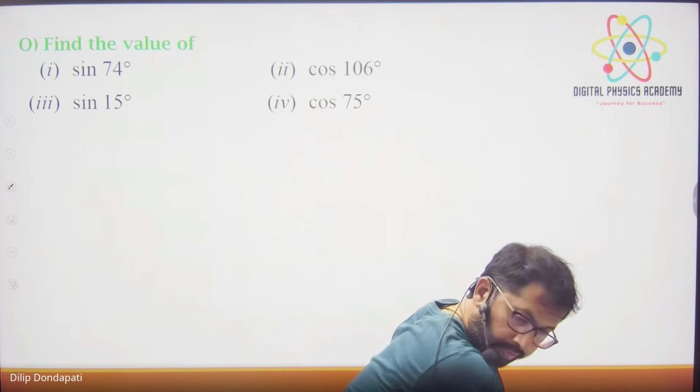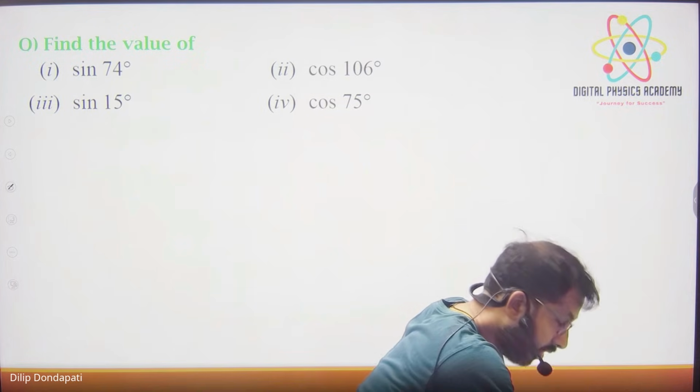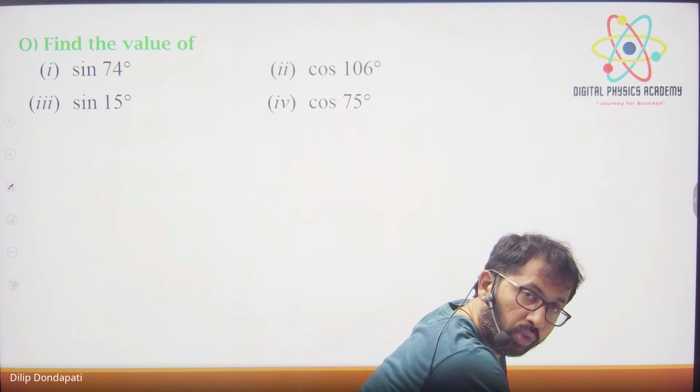Tell answers. Sine 74 equals 24 by 25. Yes, correct. Second one also same answer? No, wrong. How much do you have? Minus 7 by 25. Yes, minus 7 by 25. Look, 106 I can write as 2 into 53.